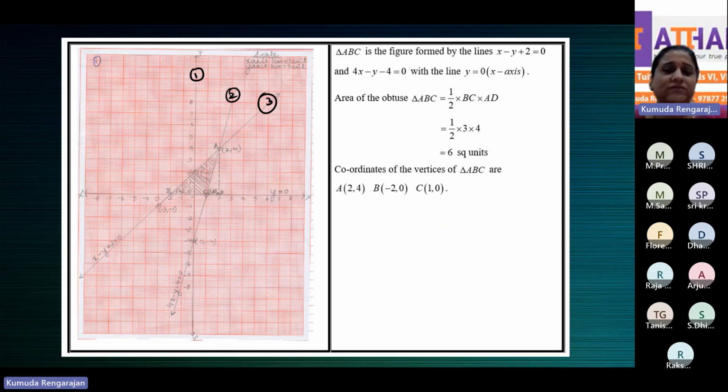Now take up anything first. I'm taking line 1. This is a segment of line 1. This one is a segment of line 3. And this one is a segment of line 2. So this is the triangle formed by the two lines and the y-axis.